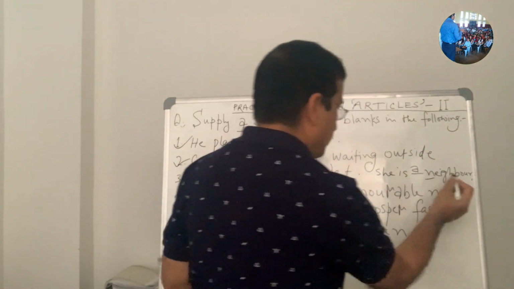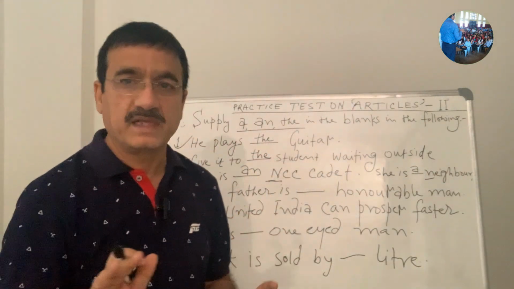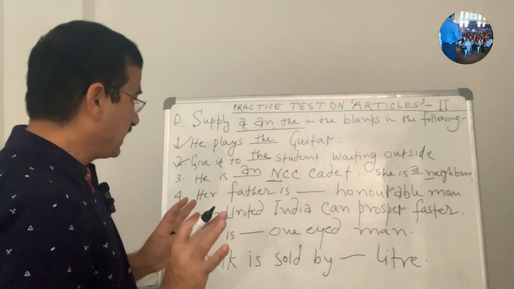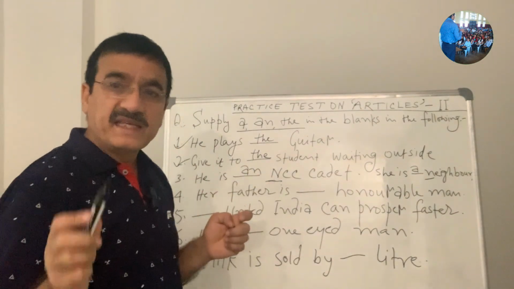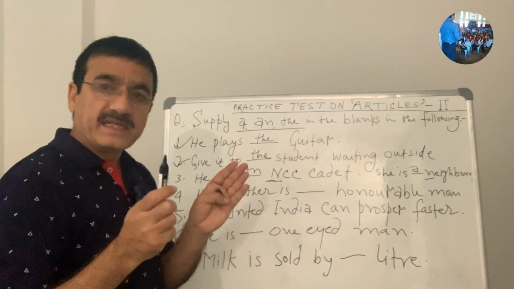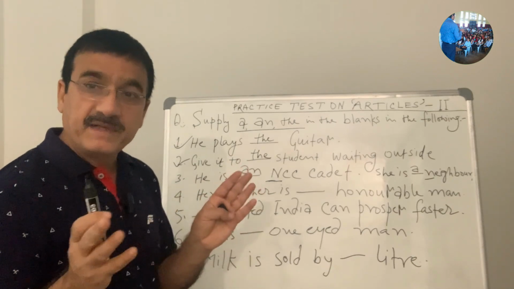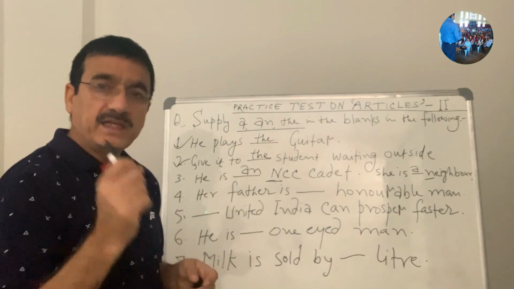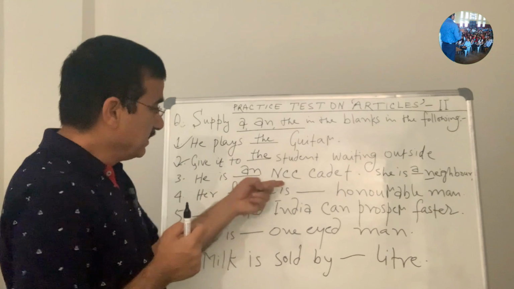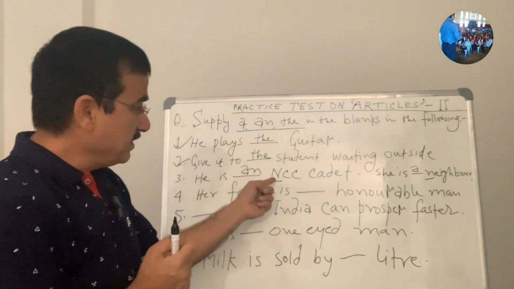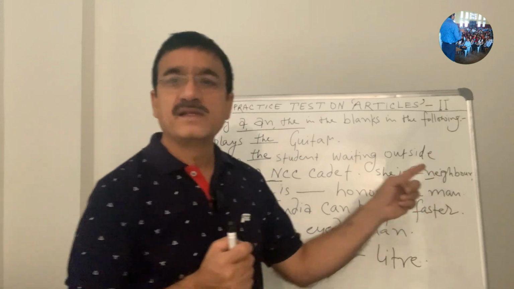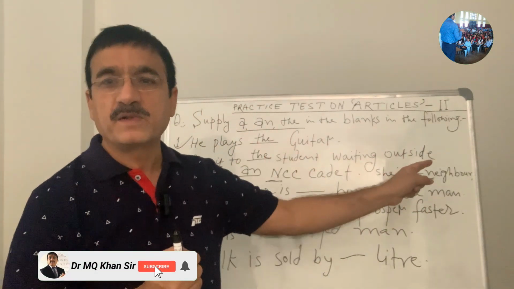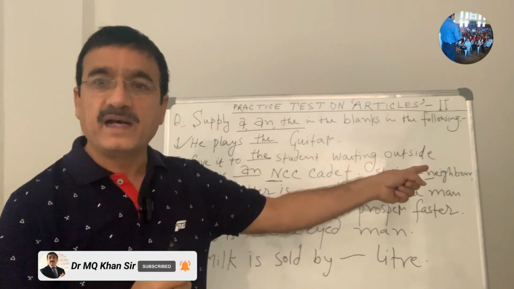This example I am giving so that you don't get confused. There shouldn't be any confusion. It should be clear to you. When N, M, S, etc. produce, especially in abbreviations, an initial vowel sound, then an will come. But when the same letter does not produce a vowel sound, when it is purely consonantal sound, then a will come.